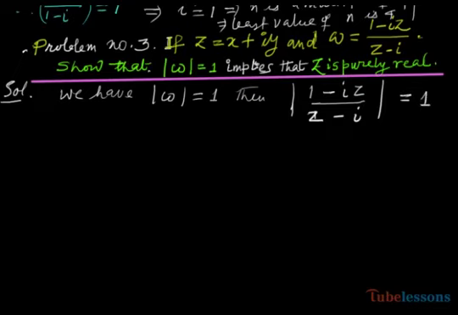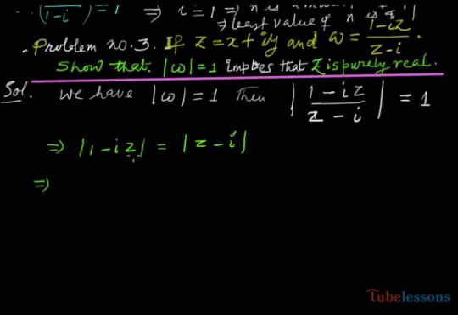And this we can write as, this implies mod of (1 minus iz) is equal to mod of (z minus i).